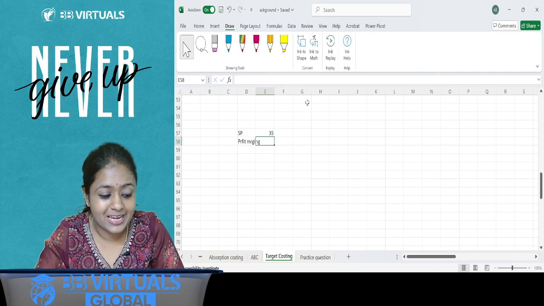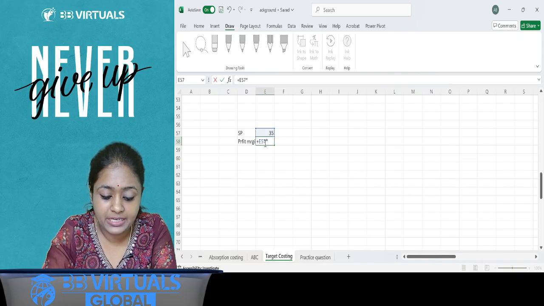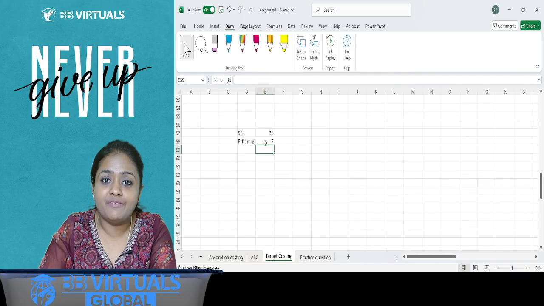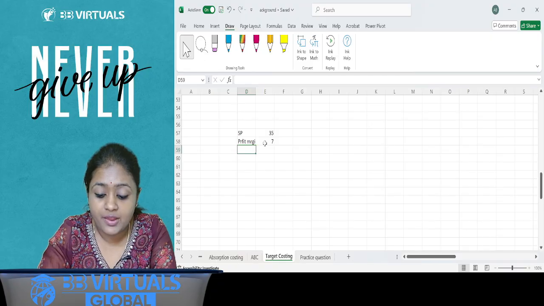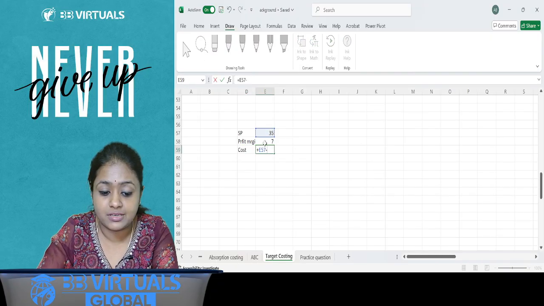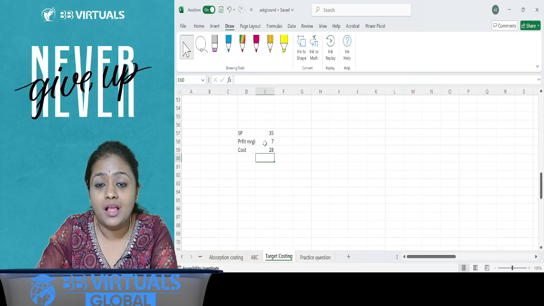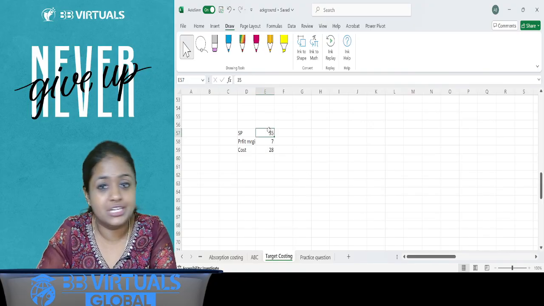So I will calculate the margin, which is 20%. I get 7 as the margin. So now I will calculate cost. That means whatever your costing levels are, you need to reduce it to 28 minimum, because this price cannot change.